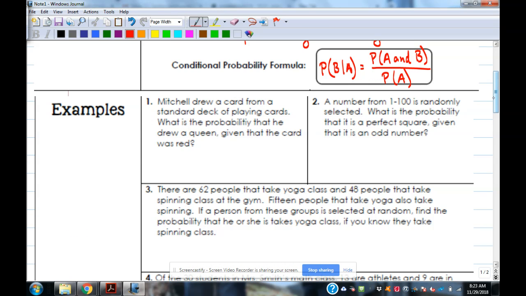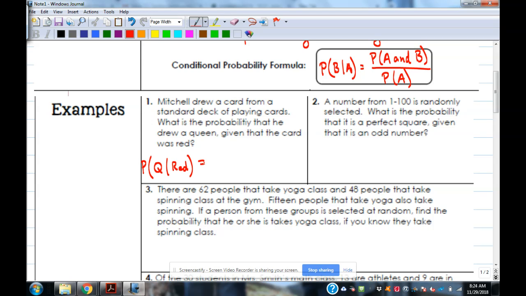So some examples here. Mitchell drew a card from a standard deck of playing cards. Remember we talked about the standard deck. What's the probability that he drew a queen given that the card was red? We're going to make the assumption that it's with replacement. So this is the probability of a queen given that we drew a red card.